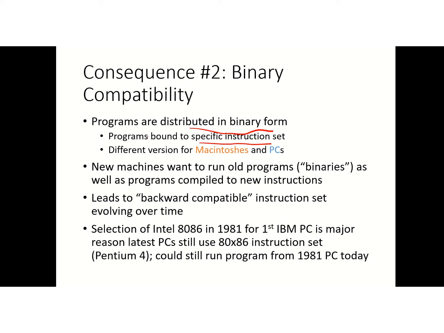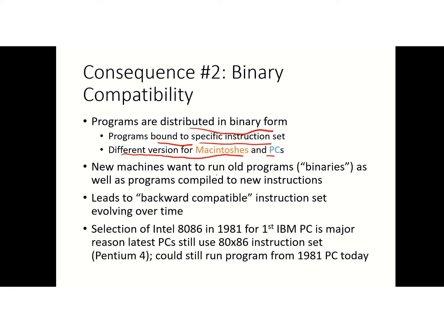So when we write a program, it is bound to that specific instruction format. The instruction set differs based on the processor itself. If we have a Macintosh, you will have a different version of the instruction set, and if you use Intel, then we will have a different version.